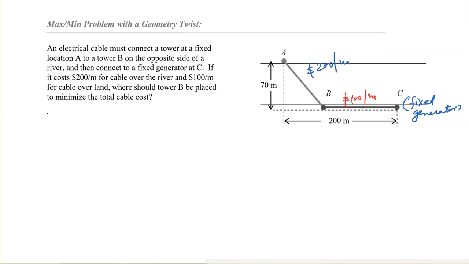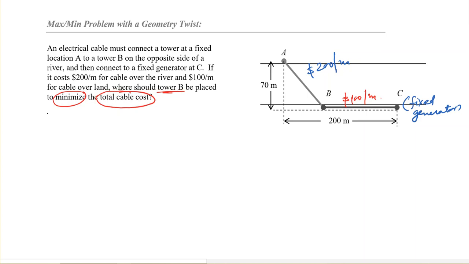Where should tower B be placed to minimize the total cable cost? So we want to minimize our cost, and we want to figure out where we should put B.